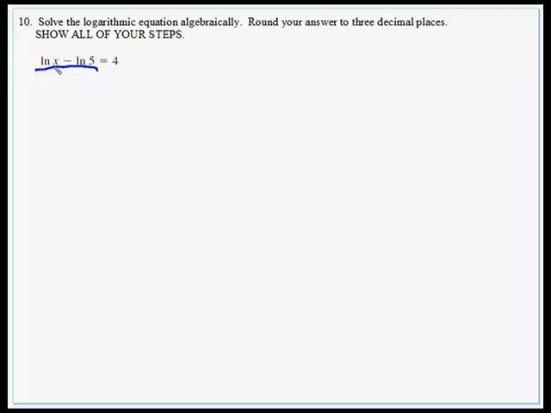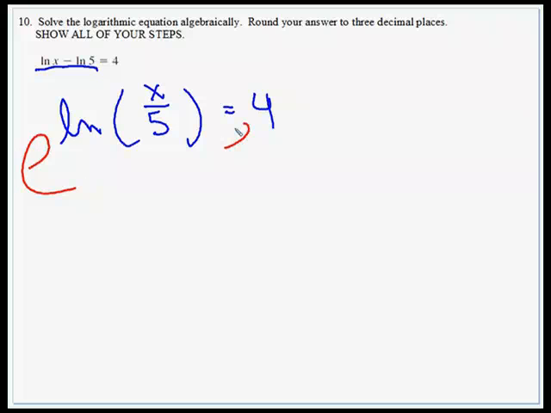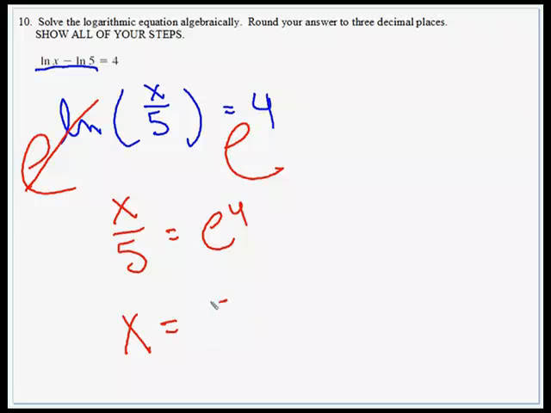So when we condense a difference of natural logs, we're going to have an ln, and we make these into a quotient. The ln of x over 5 is equal to 4. Now we can give it a base e, exponentiate. So these will cancel, and we get x divided by 5 equals e to the fourth. And then we'll multiply both sides by 5. X equals 5 times e to the fourth.